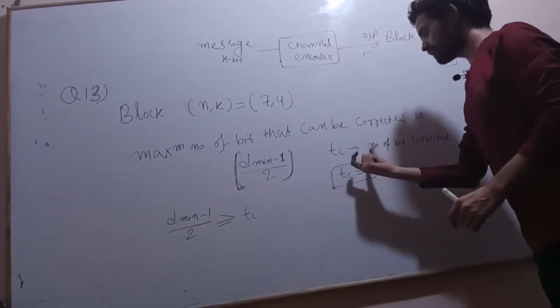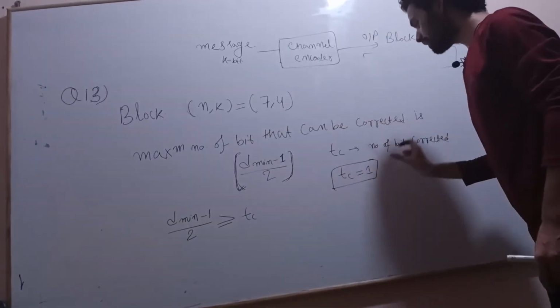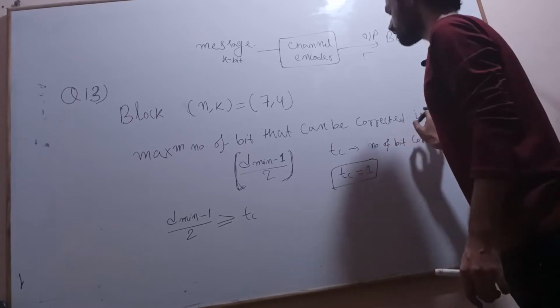This is tc, the error correction capability. In a block code, the maximum number of bits that can be corrected is a single bit. It is a single error correction code.